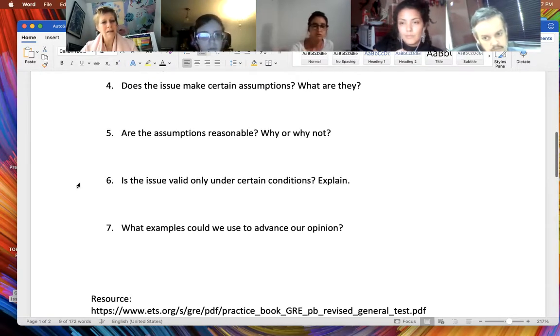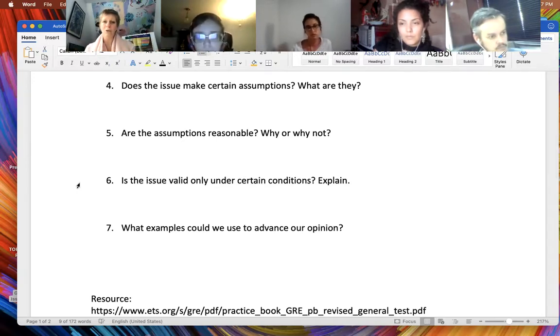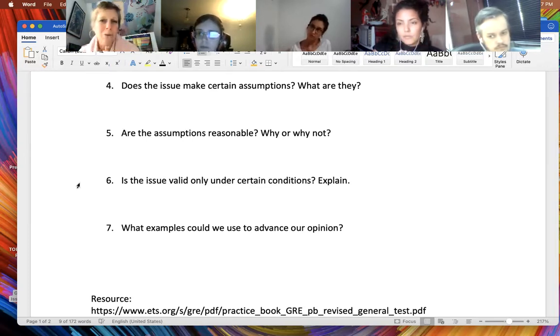And then this is kind of a funny question, but is this issue valid only under certain conditions? So like the university question might be only specific to university settings, right? So you might think, yeah, it's only specific to this. So it's going to help you to focus your writing on that. If you feel like the issue can apply to many different things, then you might use that to your advantage, because you can include these different situations in your reasoning.